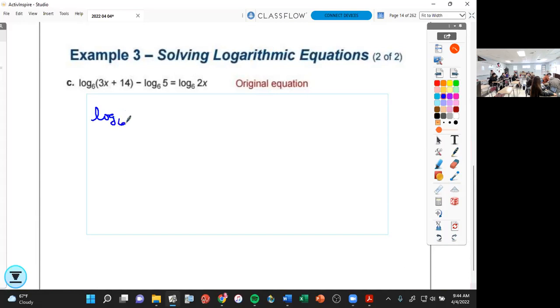So log base 6. What goes on top? 3x plus 14. What goes on bottom? 5. Does this look familiar? The negative log is what put the 5 on the bottom. Okay.